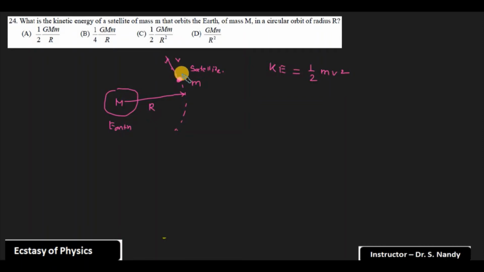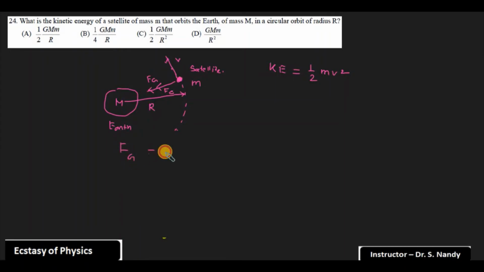To find this, we apply Newton's law of gravitation. Since the earth and the satellite both have masses, there will be a force of attraction, the gravitational force, which provides the centripetal force so that the satellite can revolve around the earth.